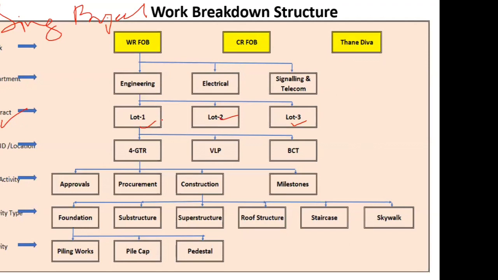That means 3 different contractors. Now, if you want to see the progress of an individual contractor, you can easily get it. Why? Because you have broken down your WBS in such a way. Then you have it on the basis of FOB ID or based on the location, right? We are constructing FOBs in 6 or 7 places. So based on those, we have divided them.